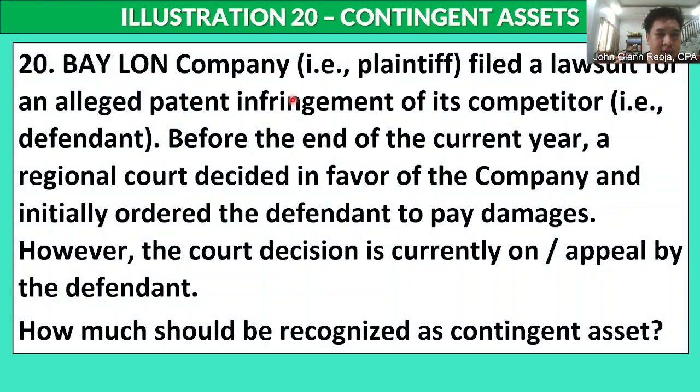Next, for illustration 20, this is parang mirror lang sa contingent liability. But now, this is contingent assets. Hindi ito discuss yata sa asset ng mga topics. But, more on, highlighted siya sa non-financial liabilities, kasi opposite lang siya ng contingent liability.